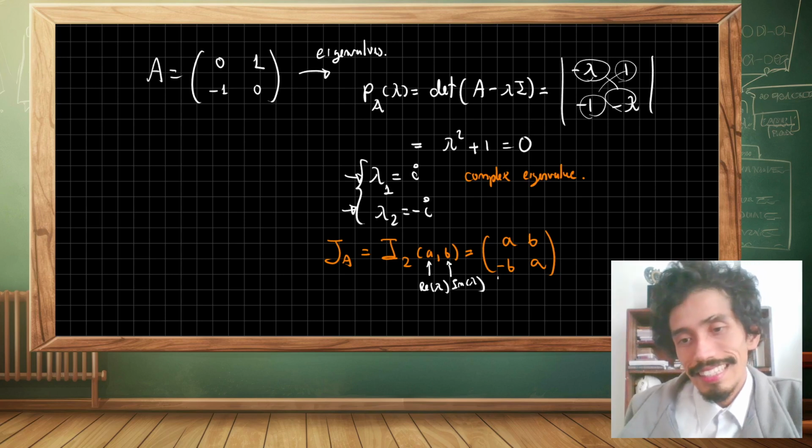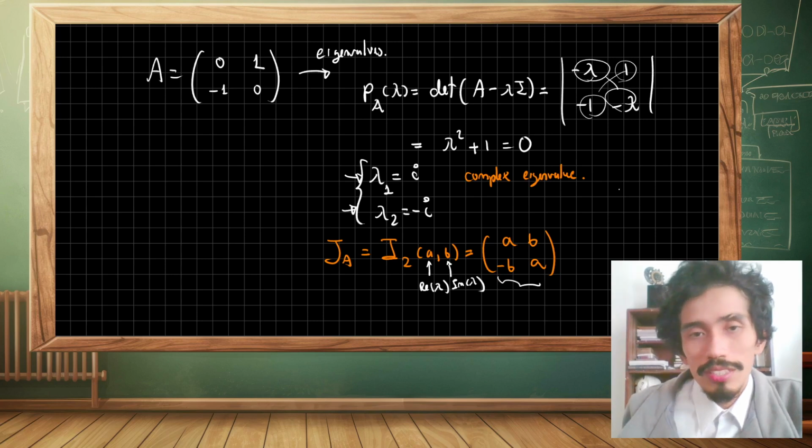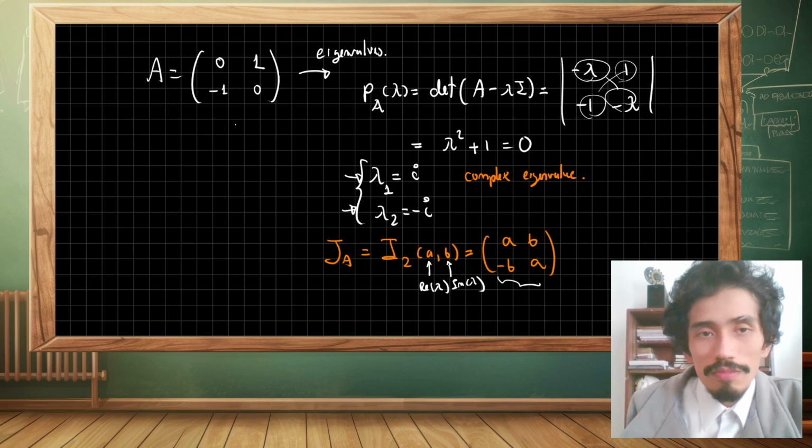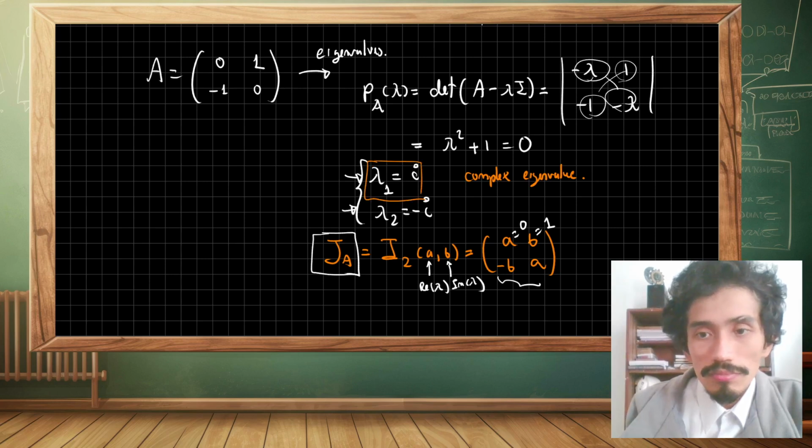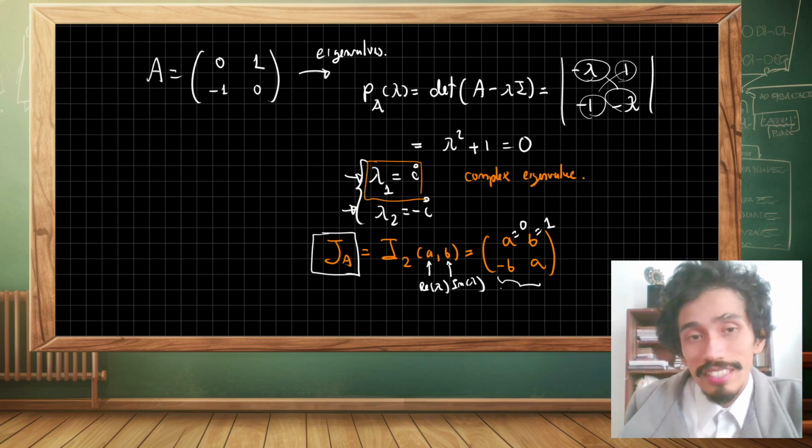In this case, this wasn't even necessary to start with, because the matrix A already has its Jordan form, because a is equal to 0 and b is equal to 1, if you take gamma to be this one. So it wasn't even necessary.